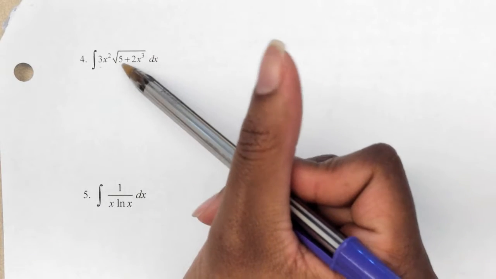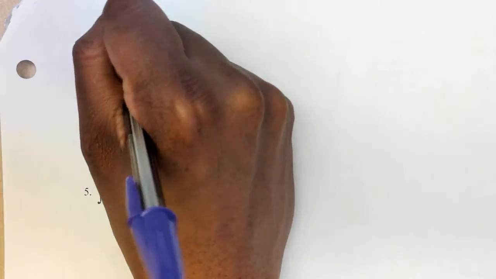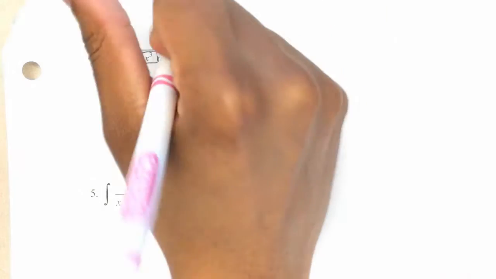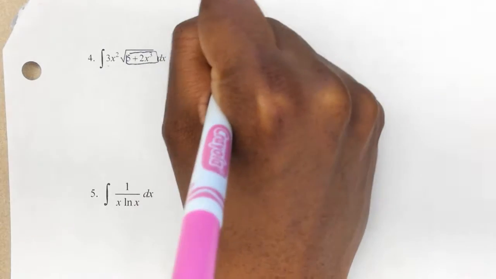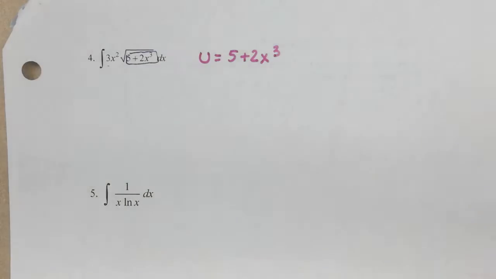However, if I find the derivative of 5 plus 2x cubed, that could help me cancel out the 3x squared. So I'm going to use the 5 plus 2x cubed to be my u. So my u is going to be equal to 5 plus 2x cubed.